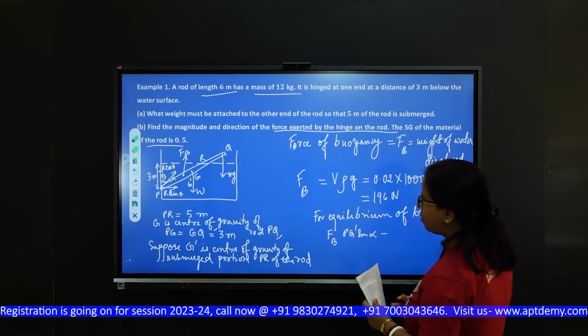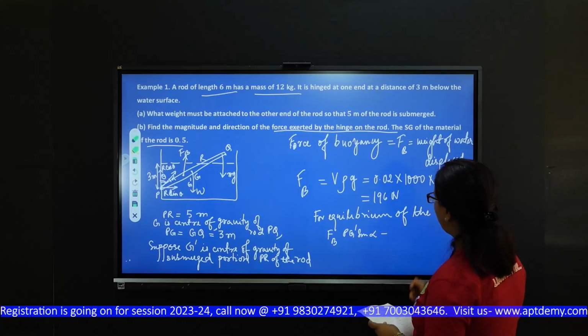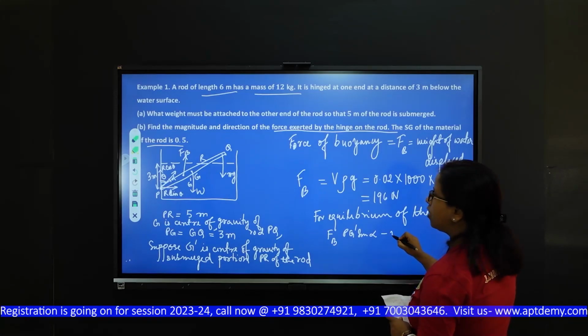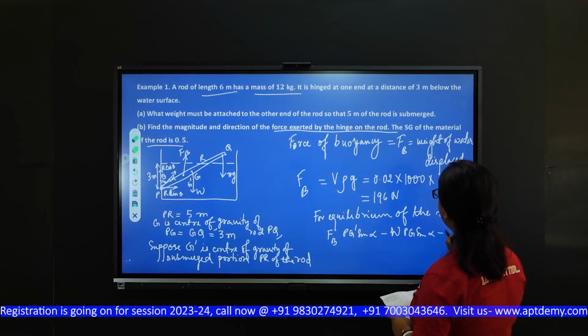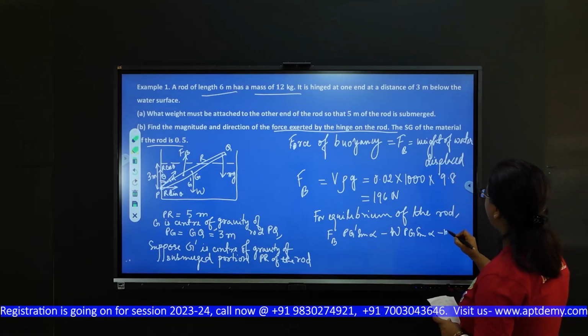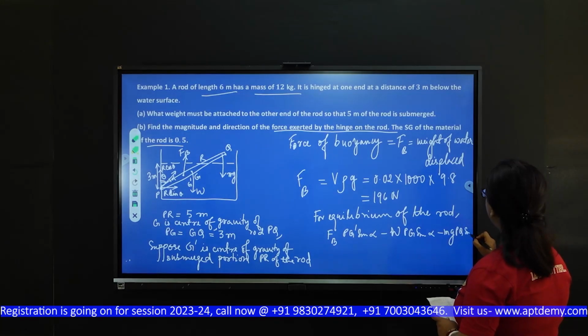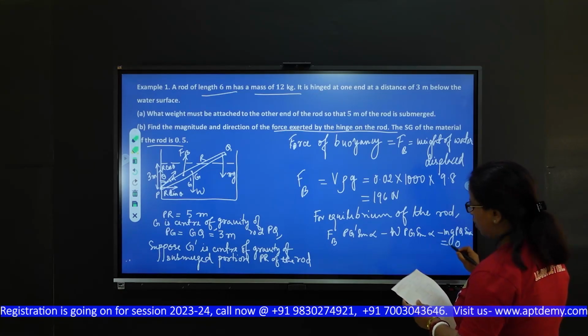So let's look at the component W. We have W coming up here, and we have the arm of the couple as PG and sine alpha, and for the last we have mg and then the arm of the couple as PQ, and we have sine alpha again coming here, and this is equal to 0.